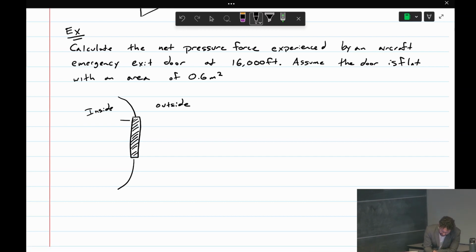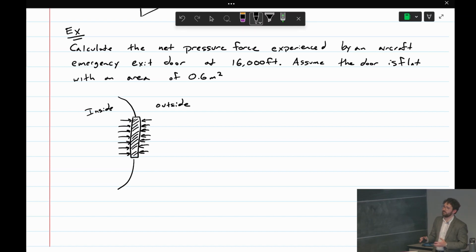So there's going to be a pressure force exerted on this door from the inside of the plane. As well, the outside air, just the normal atmosphere, will exert a pressure force. So this door is experiencing compression from both sides due to this pressure.